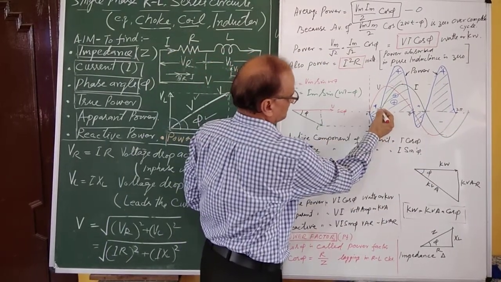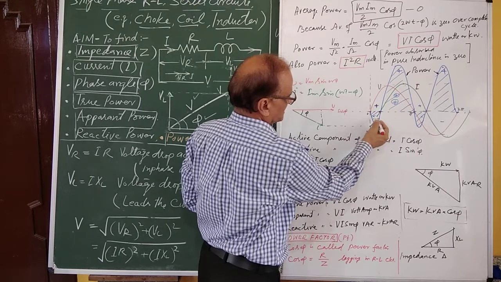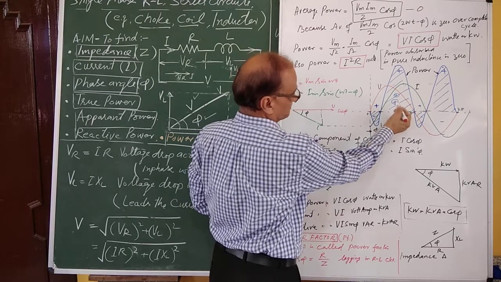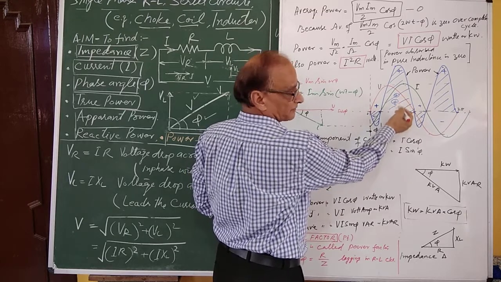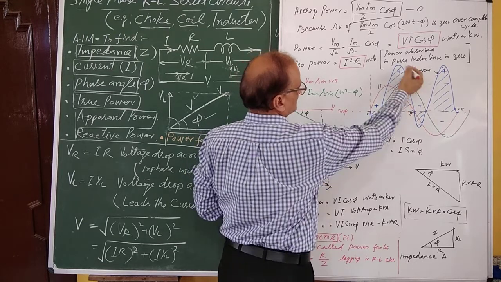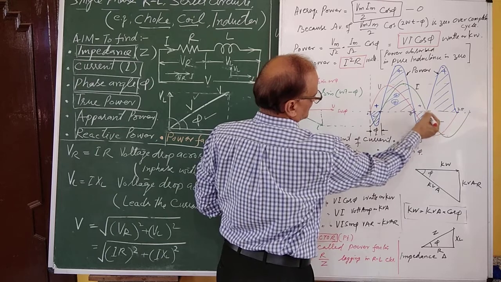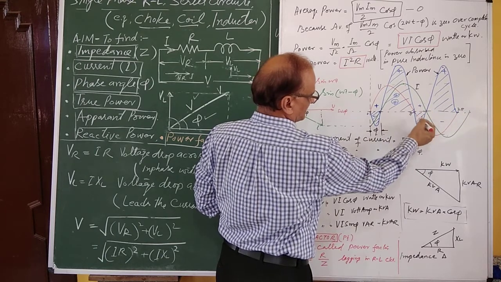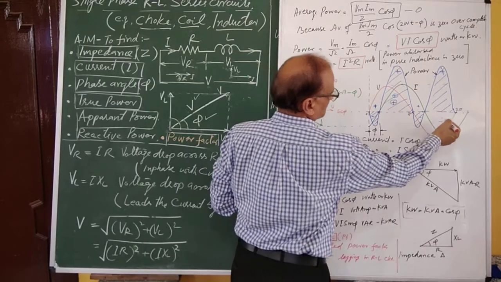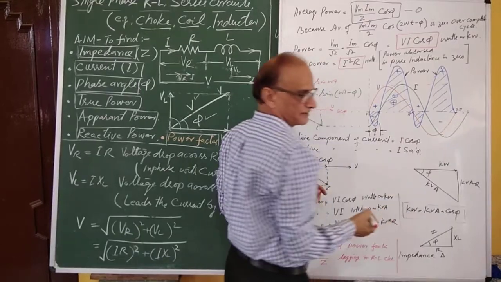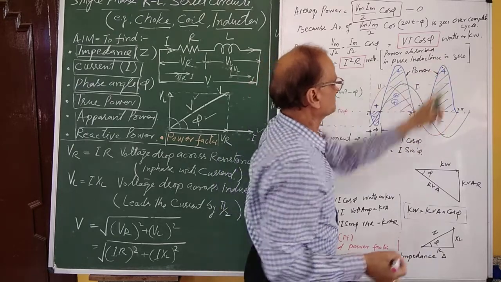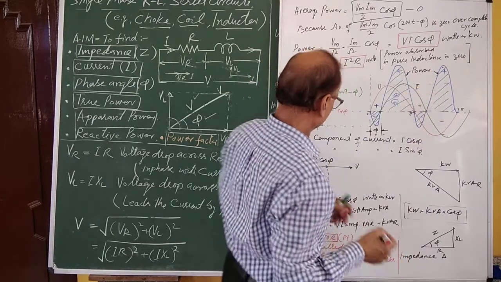In this portion, voltage is positive, current is negative, so the product of positive and negative is negative. In this portion, both current and voltage are positive, so power is positive. In this case, current is positive, voltage negative, then power is negative. In this portion, both voltage and current are negative, and the product of negative into negative is positive. So this is the power wave.